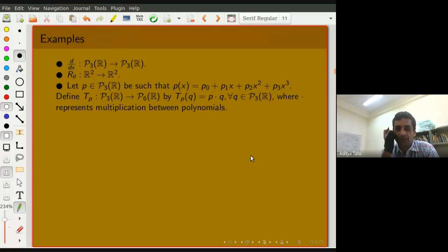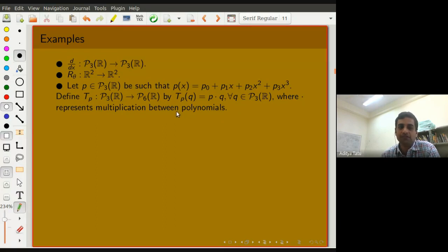Let's take maybe one more example. Do you want one more example, or is it okay? In the first two examples, we looked at linear operators, where the domain and codomain vector spaces are the same. In this third example, the only difference is that the domain and codomain vector spaces are not the same.